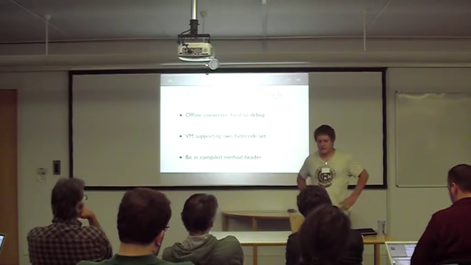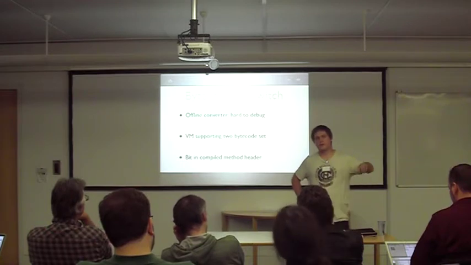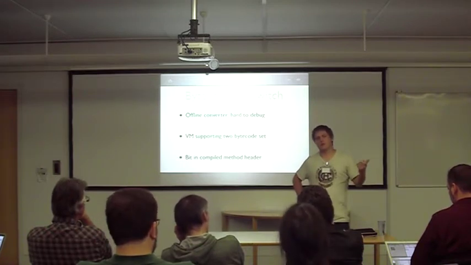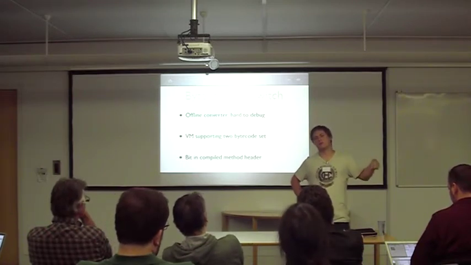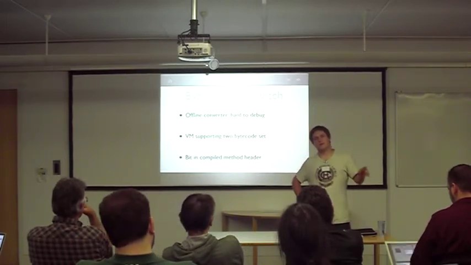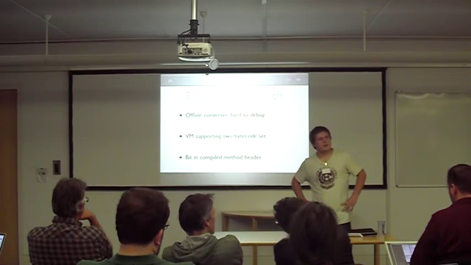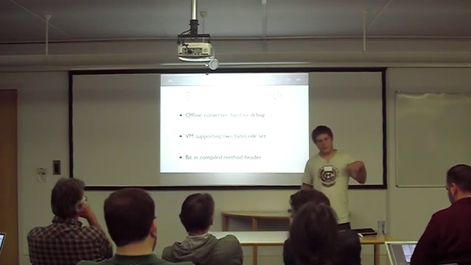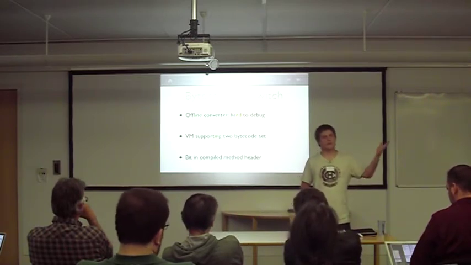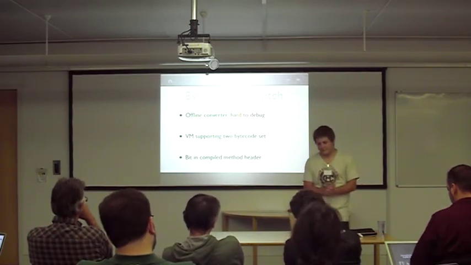It was implemented a few years ago. We specify a bit in the compiled method, and if it's set, the virtual machine knows it has to use the other bytecode set instead of the first one. This makes switching from one bytecode set to the other quite easy, because we can start the image with one bytecode set, recompile everything into the other one, and everything keeps running.